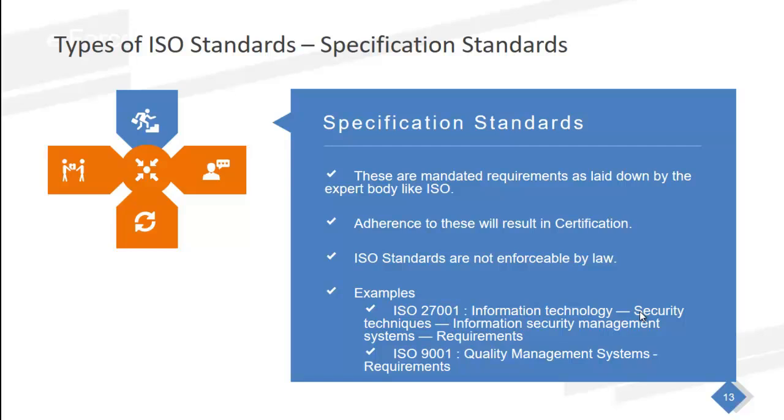Some very common examples of specification standard are ISO 27001, or information technology security techniques, information security management system requirements. This is a certifiable standard on information security. So should your organization choose to implement information security standard and wishes to get itself certified for the same, it shall have to adhere to the minimum requirements as mandated in ISO 27001.